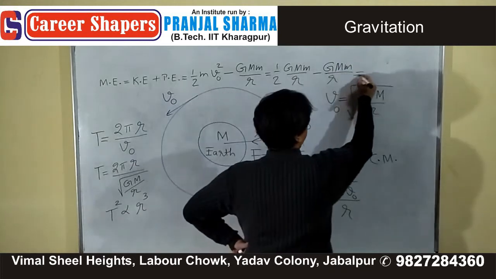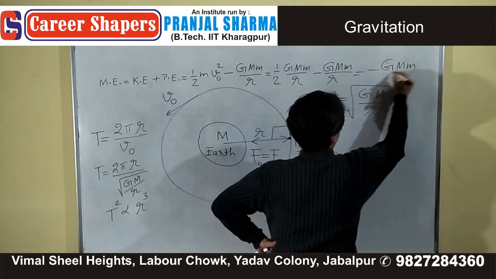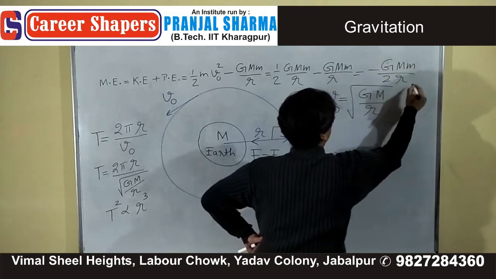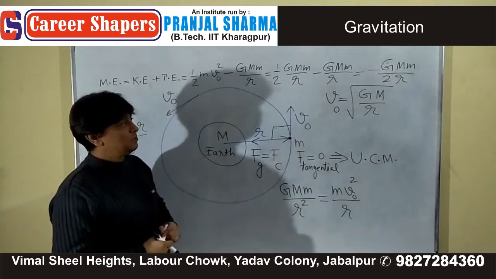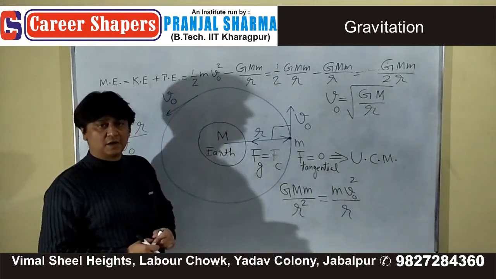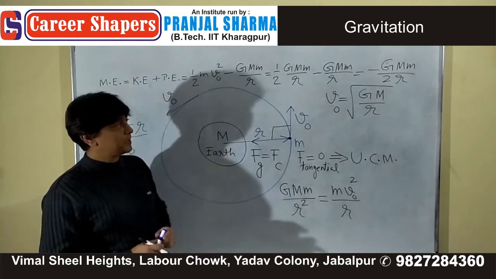This is minus of GMm divided by 2r. This is total mechanical energy of a satellite in its orbit, where orbital radius is r.